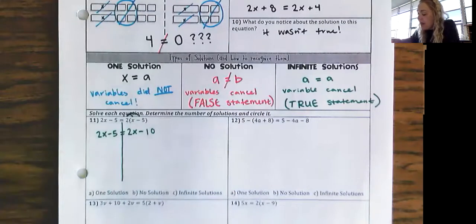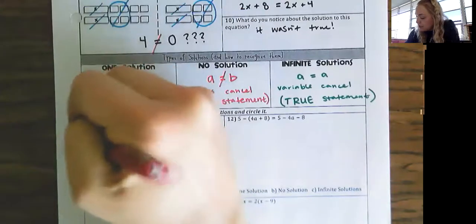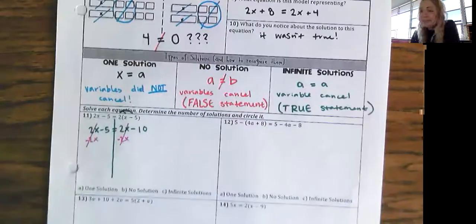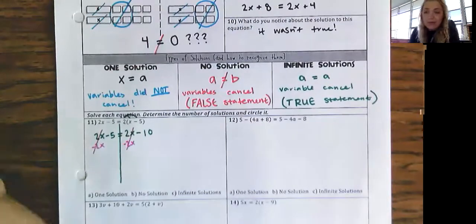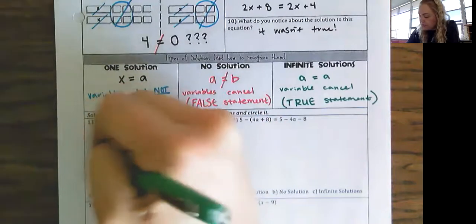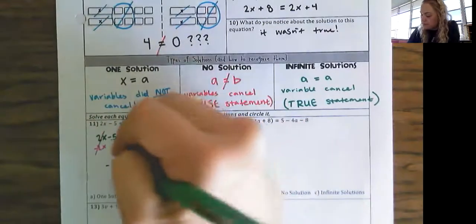All right, in the next step, I'm going to subtract 2x from both sides. These are gone and these are gone. And this is the part where some of you say, I did math wrong. Ms. Johnson, what happened? Okay, well, let's look at what's left. Negative 5 equals negative 10.